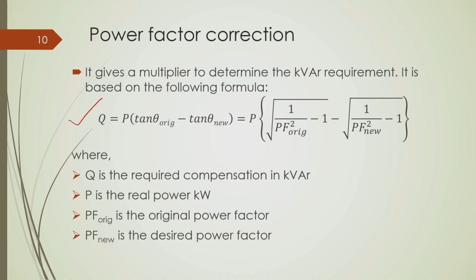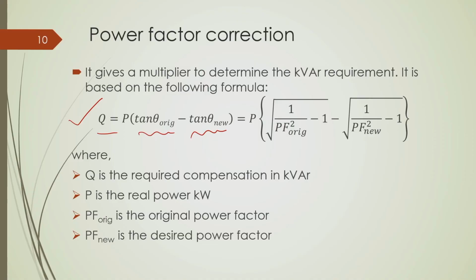For those kinds of problems, you can directly solve for how much reactive power you require from the capacitor by using this expression: Q is equal to P tan theta original minus tan theta new. Here theta original is the actual load phase angle, and theta new is the new angle, of reduced magnitude, after improving the power factor.